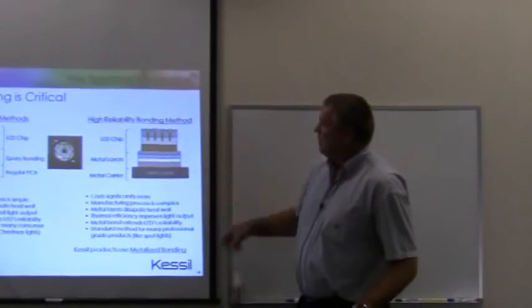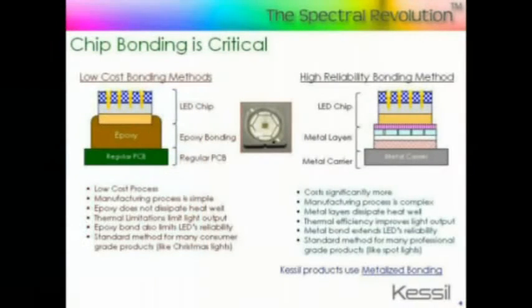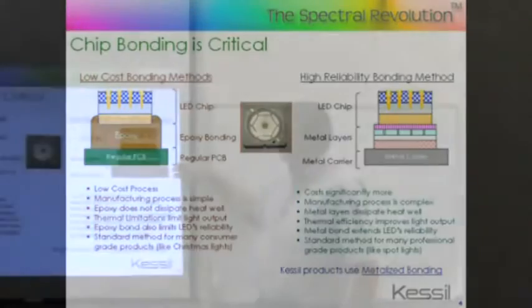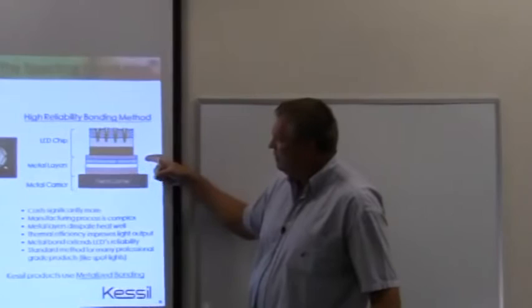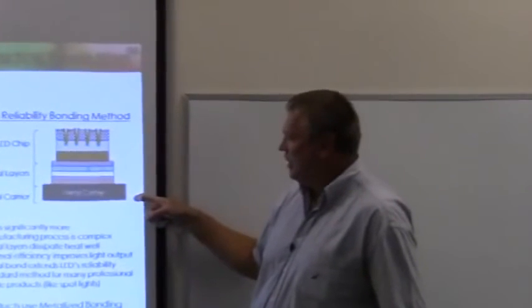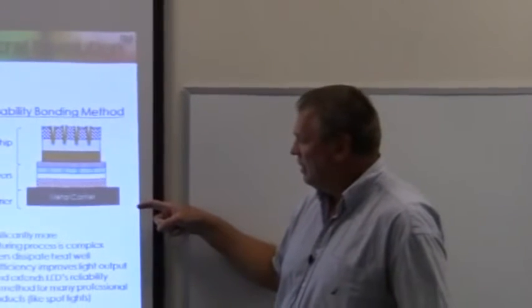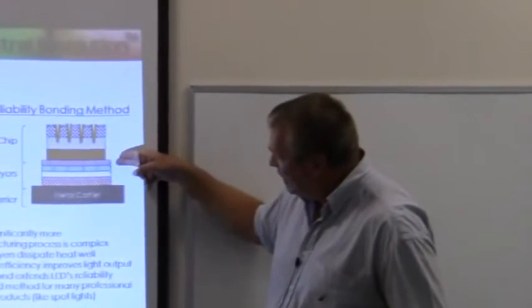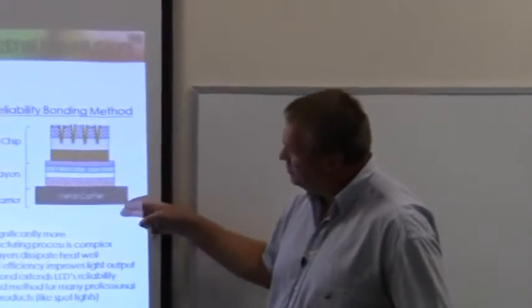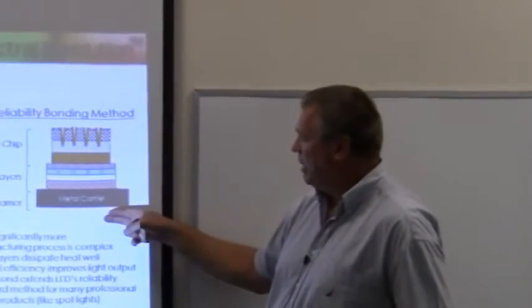This shows a high reliability bonding method as used at Daikin LED. In this case, an LED chip is bonded through a metallic bonding process, through a series of metallic layers, to a metal carrier. And so by using metal both for the bonding process as well as the underlying carrier, there's tremendous thermal transfer of heat from the bottom of the LED chip down through these layers to potentially a heat sink at the bottom of the metal carrier.